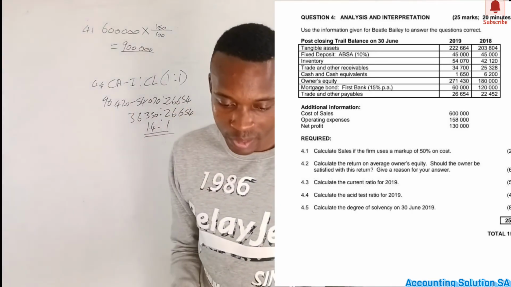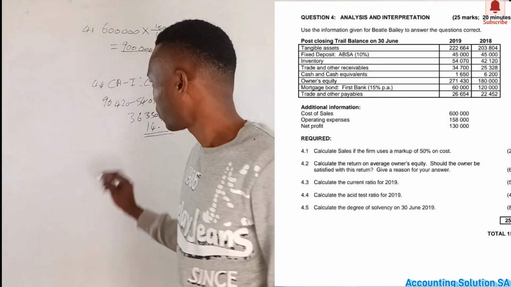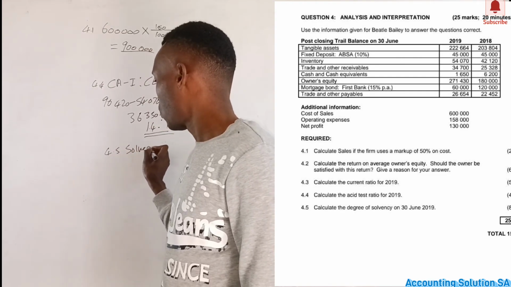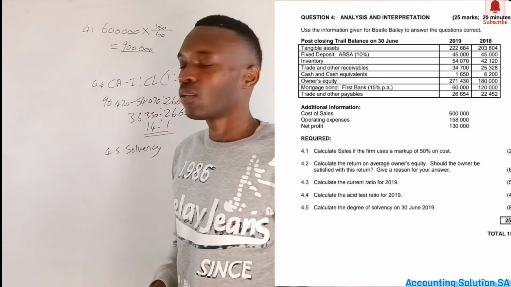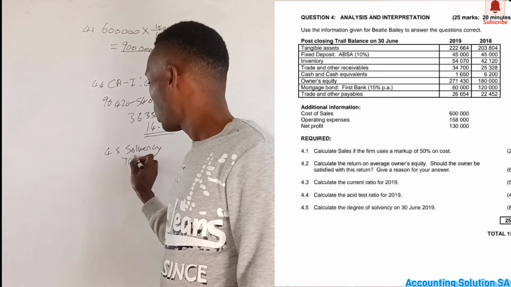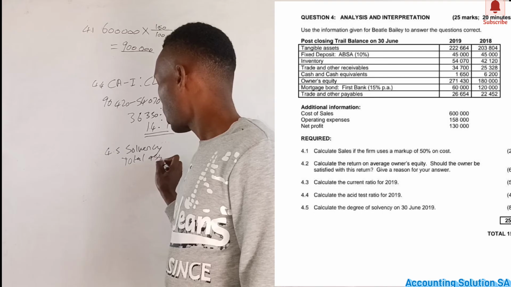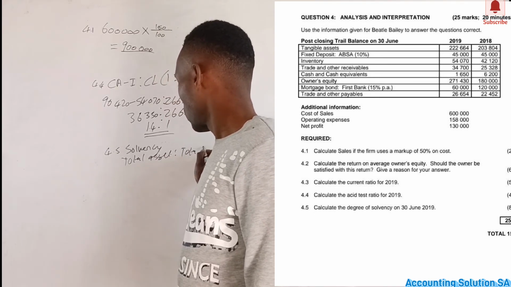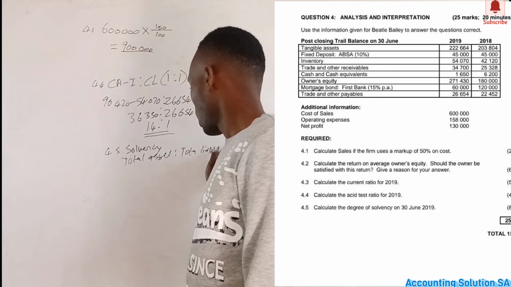Degree of solvency. The formula that we have to apply here is total assets is to total liability.